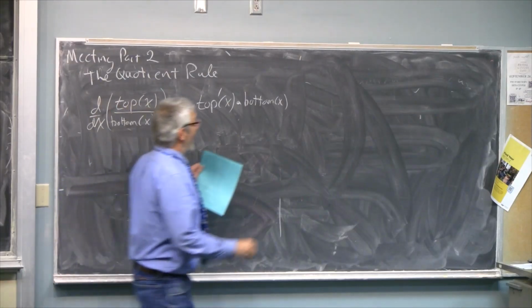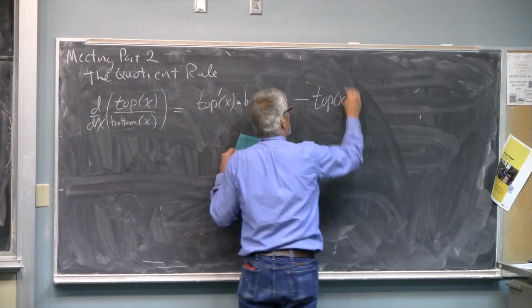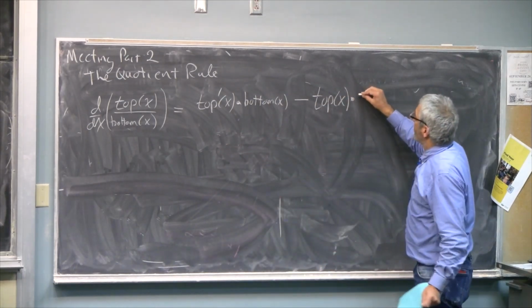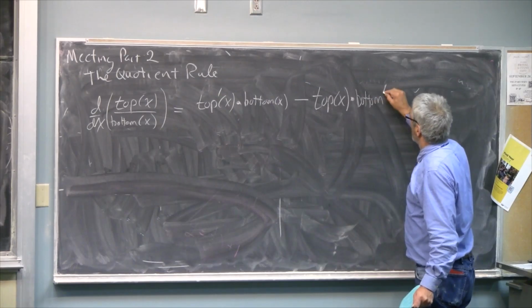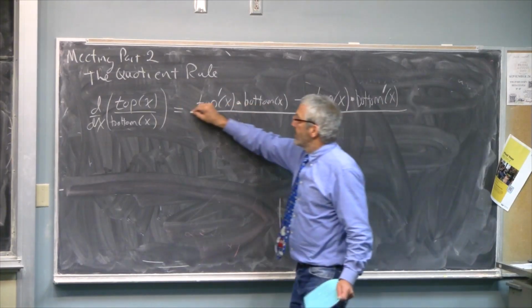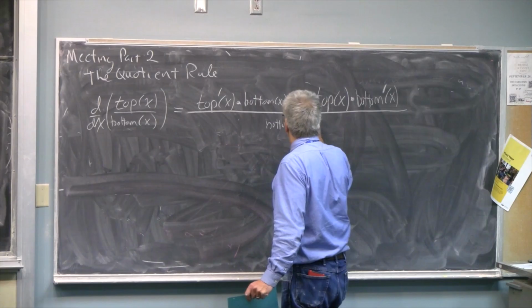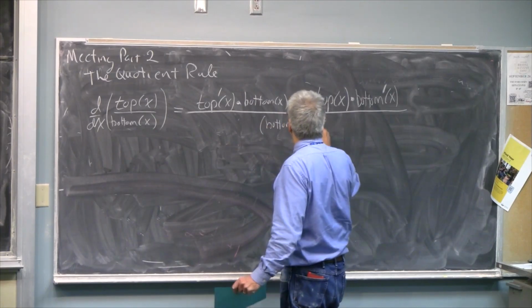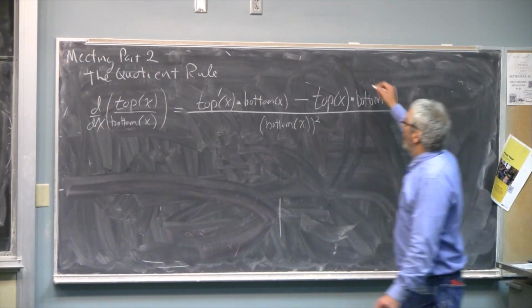And then you subtract top times the derivative of the bottom. And then you divide the whole thing by the bottom function squared. And I put the bottom function in parentheses and I square it. So that's the quotient rule.